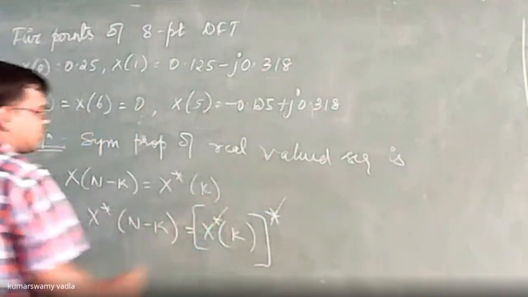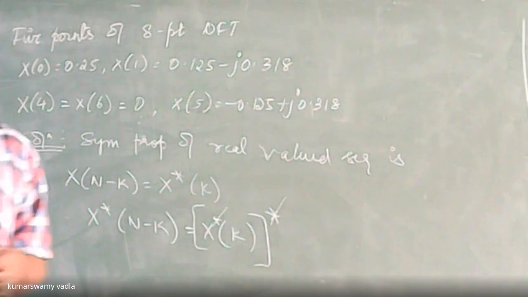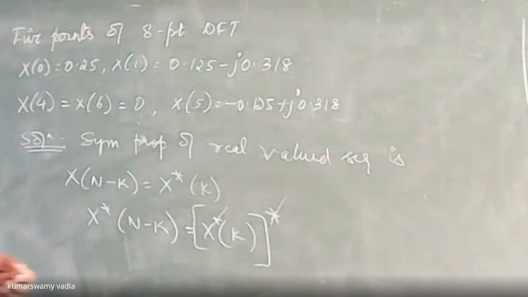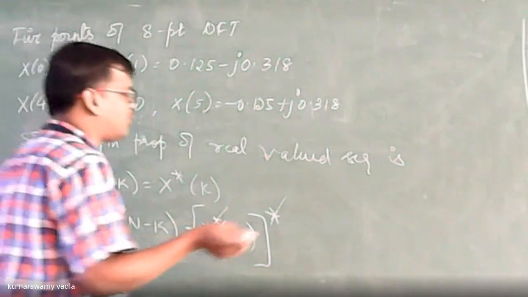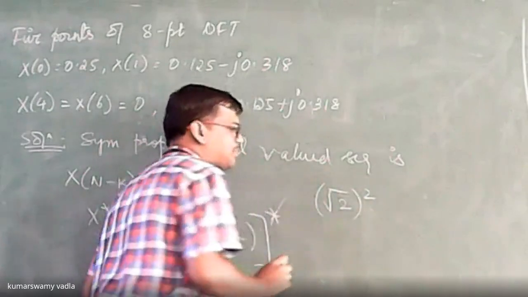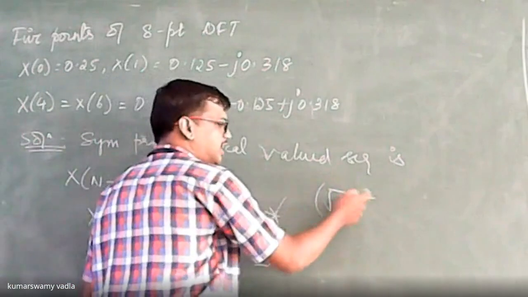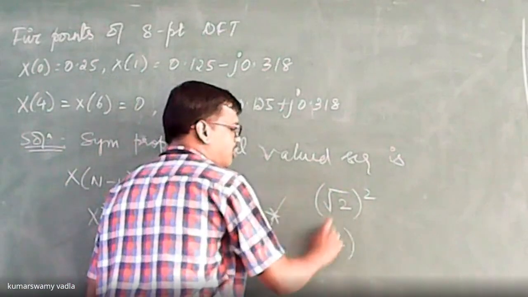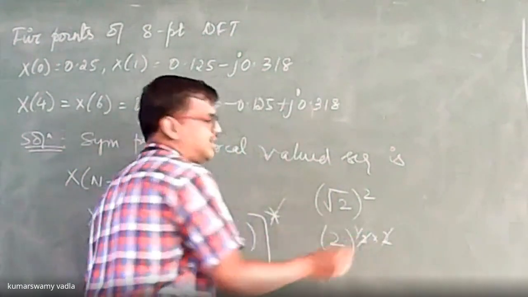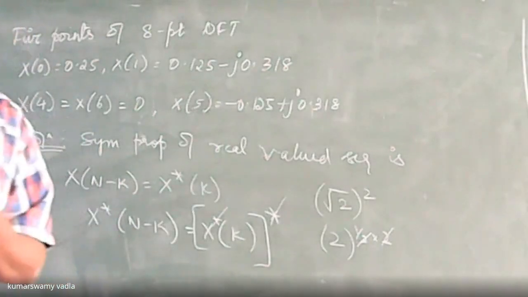This conjugate and this conjugate nullify. It is like square of root. If you take this part, 2 to the power of 1 by 2 into 2, the 2 and 2 get cancelled, remaining is 2 only. Yes or no, students?